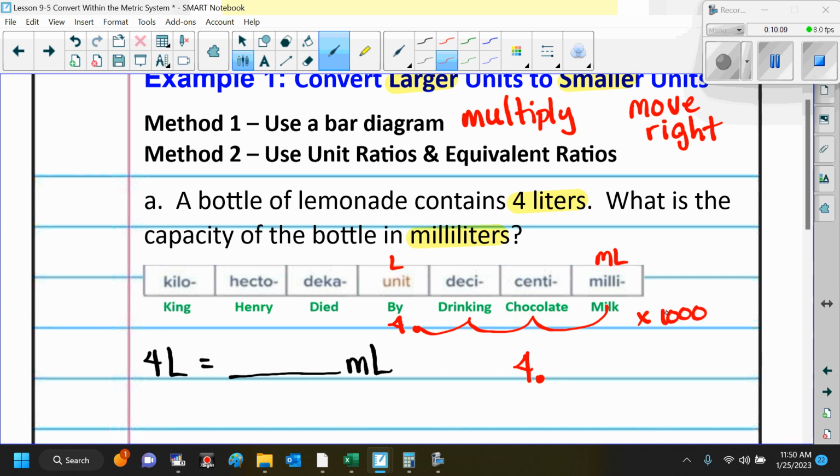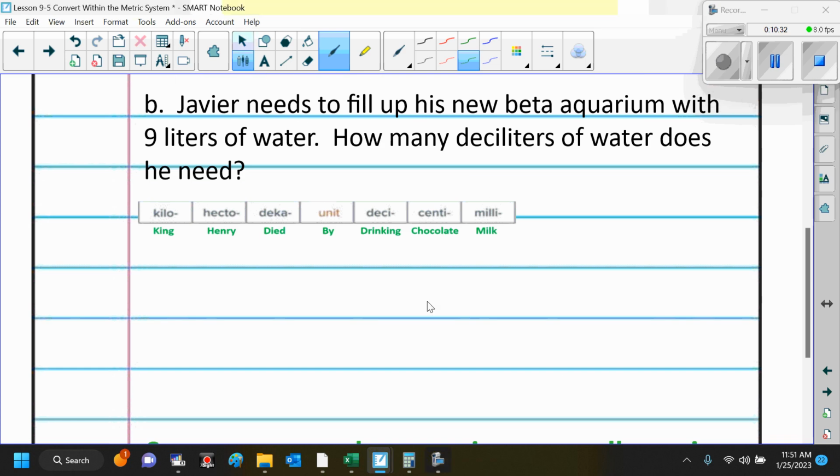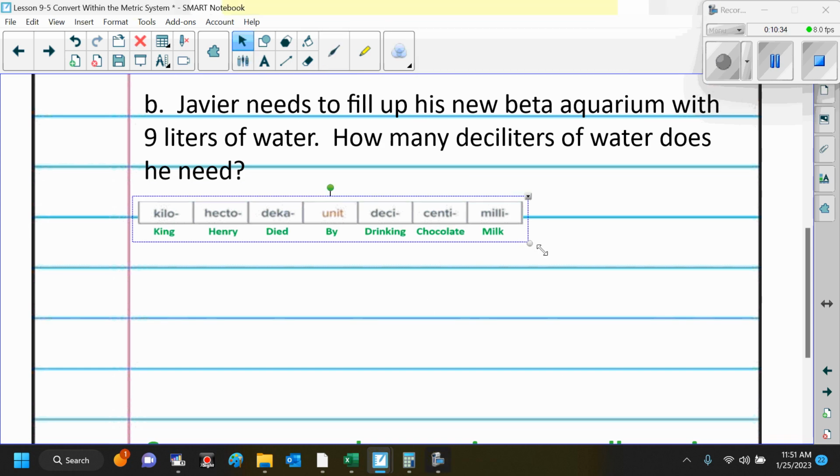So we multiply 4 times 1,000, and here we put in the zeros. So 4 liters is equal to 4,000 milliliters.